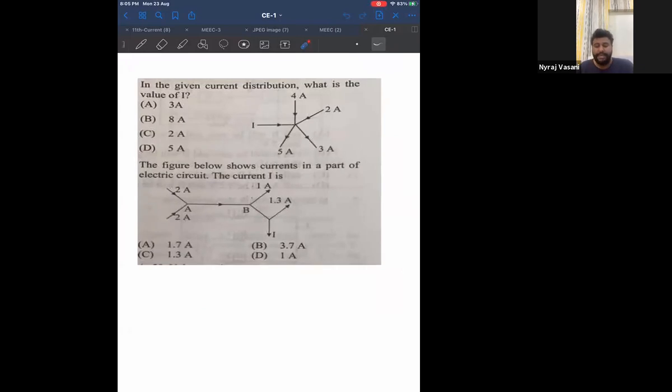There are 2 questions. These are actually CET questions. These are actual CET exam questions. Okay, so try and give me the answer. Give me the answer for the first one and then give me the answer for the second.